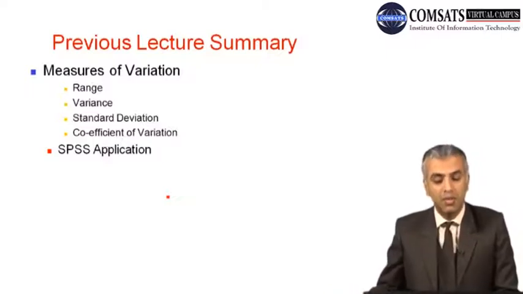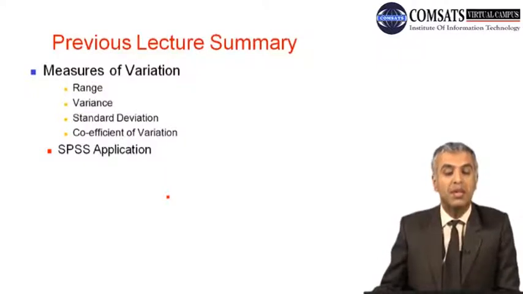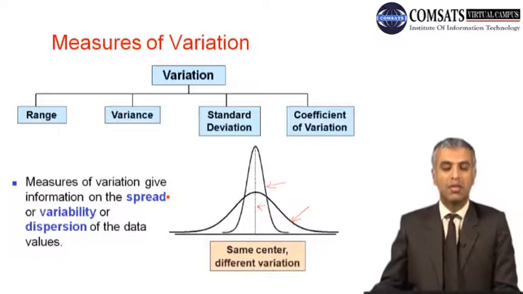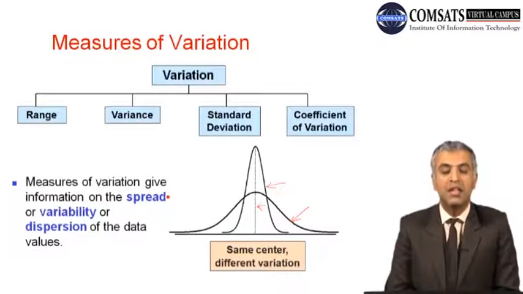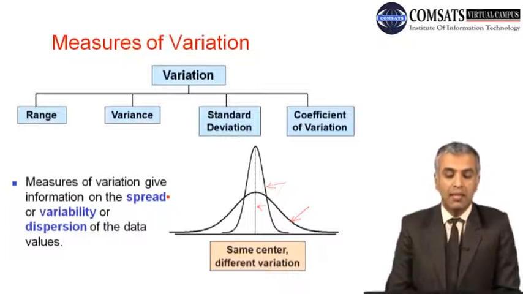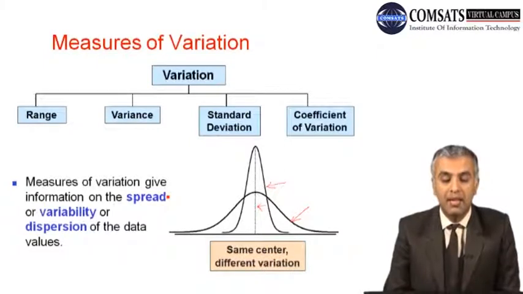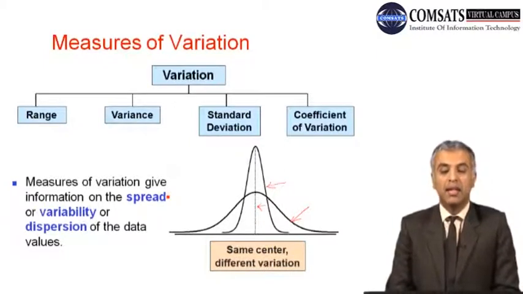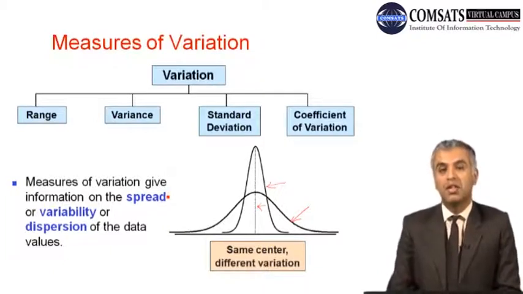So, going through briefly the measures we discussed before. The standard model which was discussed was related to the measures of variation. As you can see, the four types are depicted in the diagram, and all these four are related to the variation or the dispersion of the data.